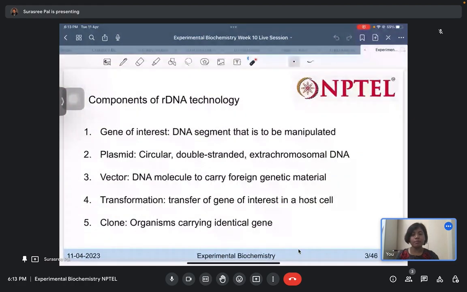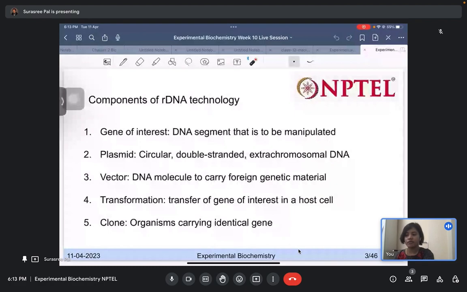Suppose we want to make some changes, and for that we insert the gene into the plasmid, and we use that plasmid as a vector to carry some foreign genetic material. And then we transform that DNA molecule into the host cell.